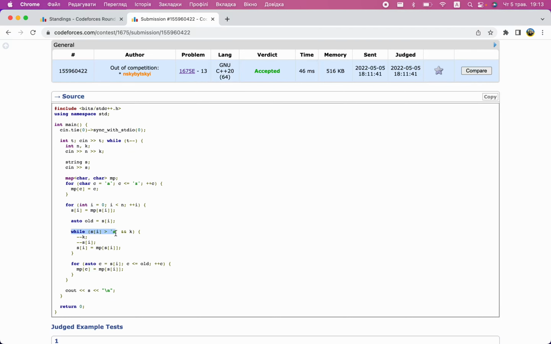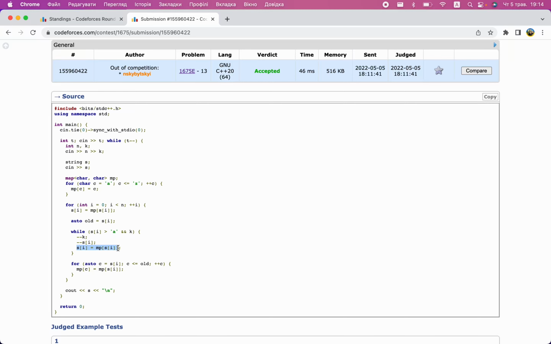Now, as long as we can make more operations and the current character is not minimized, we make an operation, decrease this character, and we again can apply operations that we already paid for by reshuffling. Let's say we perform operations from the back to the front.